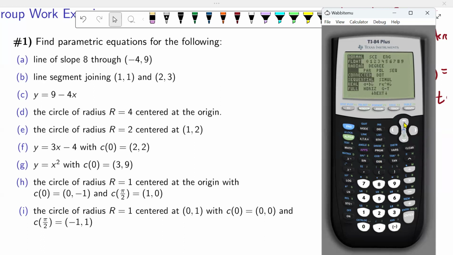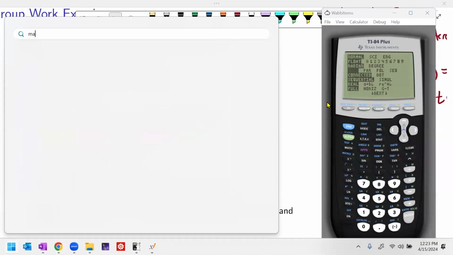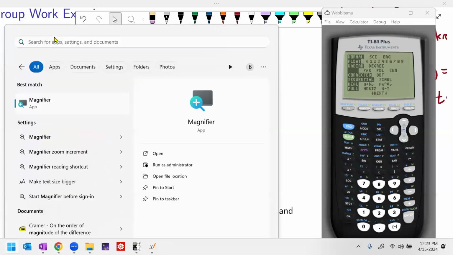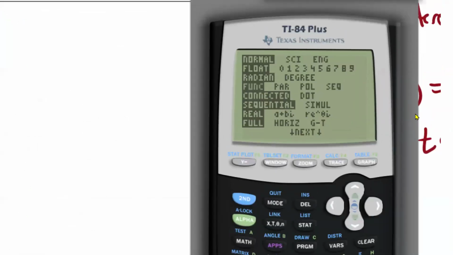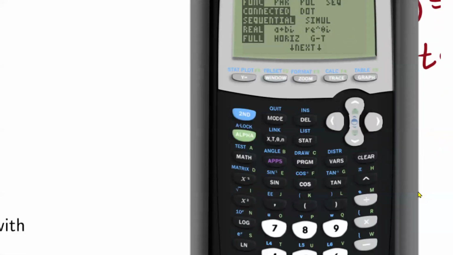Here it is. Do you see that? I don't know if you can see it very well. Here, let me get the magnifier so we can all see it. Okay. There we go. I can click right there. And now I'm in parametric mode. And I go down and I press enter.